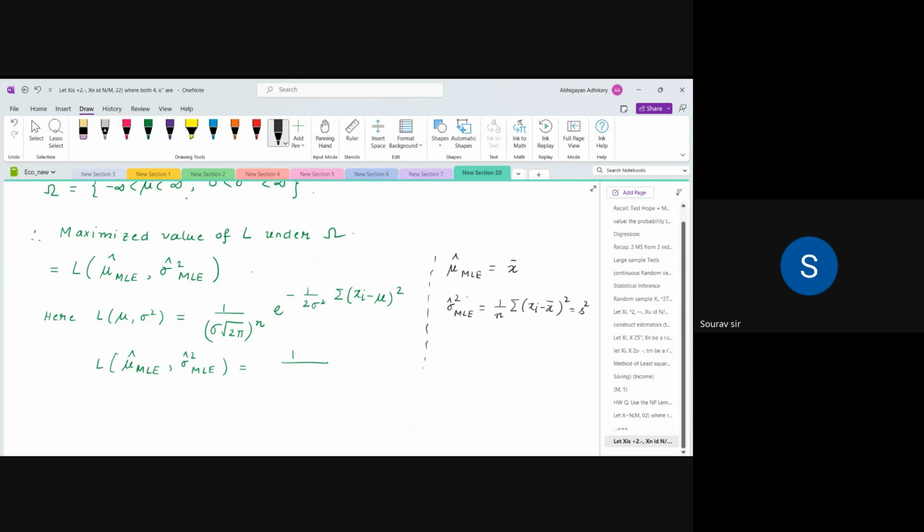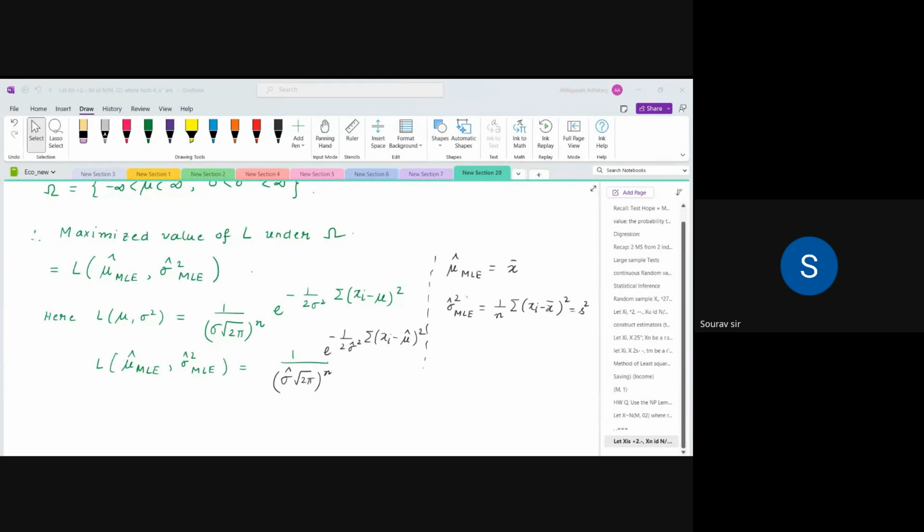So basically that will be 1 by sigma hat under root 2 pi whole to the power n, e to the power minus 1 by sigma hat square summation xi minus mu hat whole square. Okay, agreed? So now what are we getting?